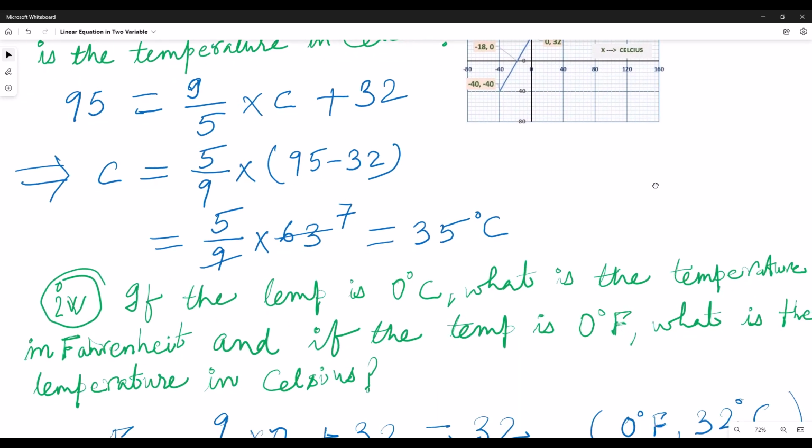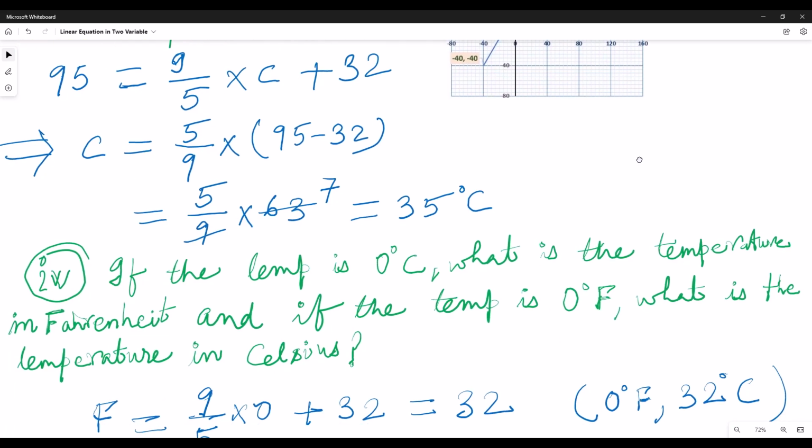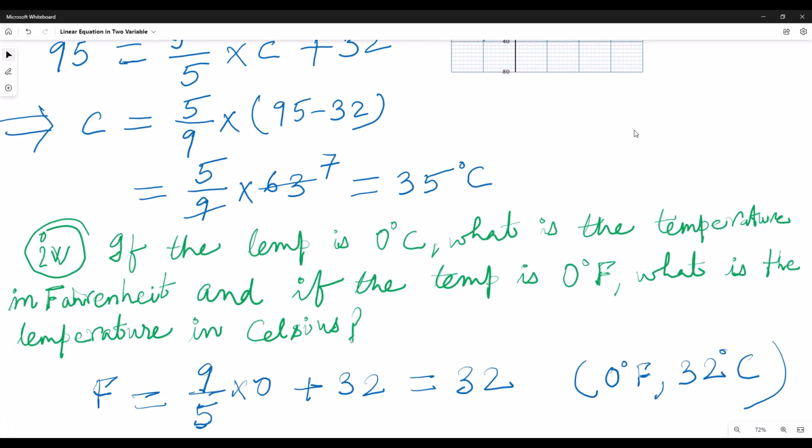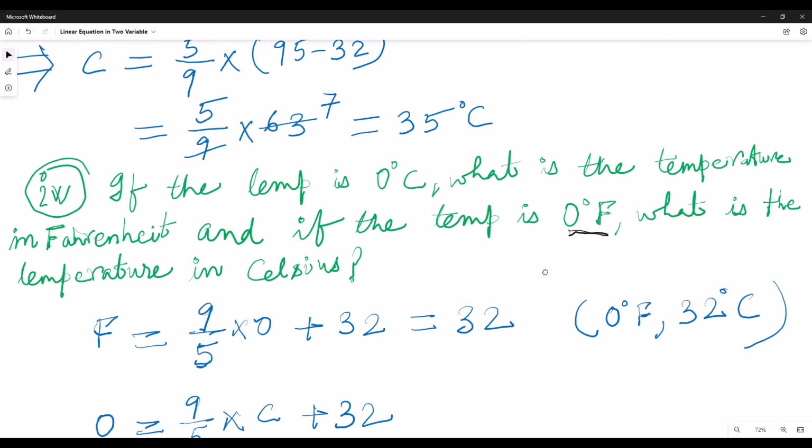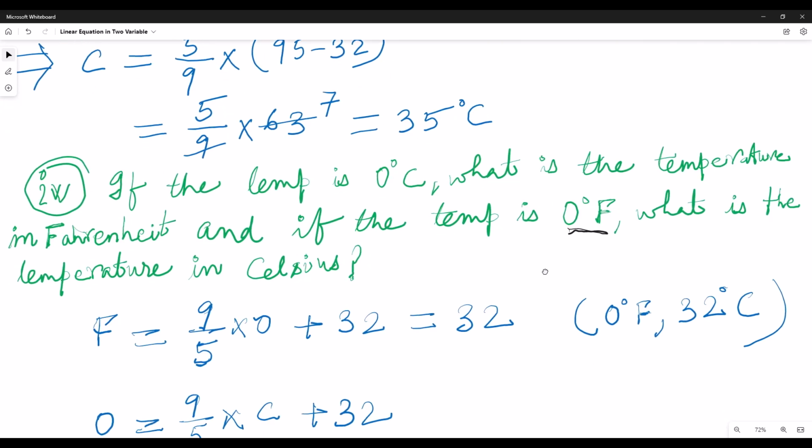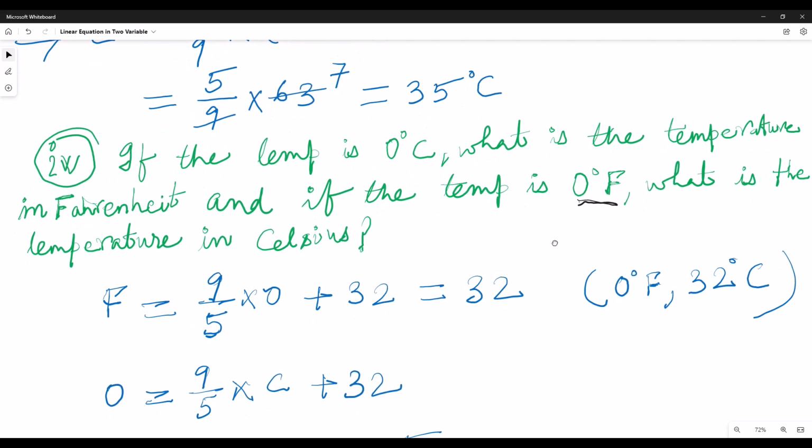If the temperature is 0 degrees Celsius, what is the temperature in Fahrenheit? And if the temperature is 0 degrees Fahrenheit, then what is the temperature in Celsius? So you put the value of C as 0, then you get the corresponding value as 32 degrees.